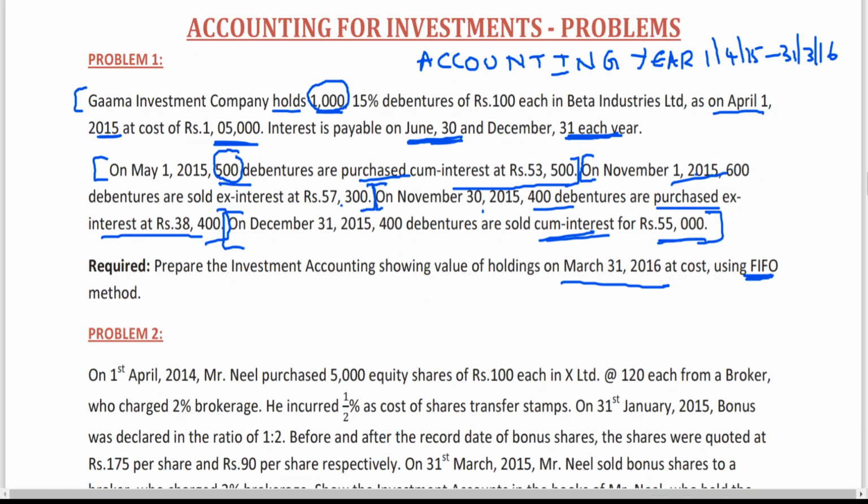Let me take you to the investment account now. Solution. Which company, name of the company, tell me? Gamma Investment Company.